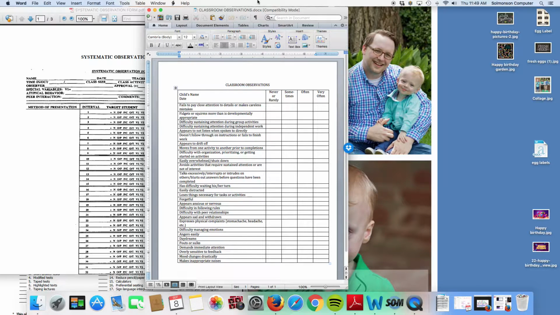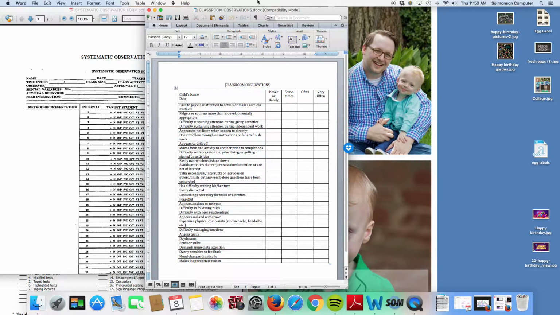In a school setting, we cannot recommend that a child be evaluated for a behavioral disorder unless the school is willing to take on not only the cost of that assessment, but the treatment as well. So when we have kids who look like they may be presenting with some attentional issues, some ADHD type things, what you want to do is talk to the parent from the standpoint of classroom observations.